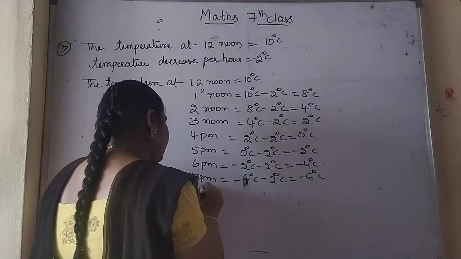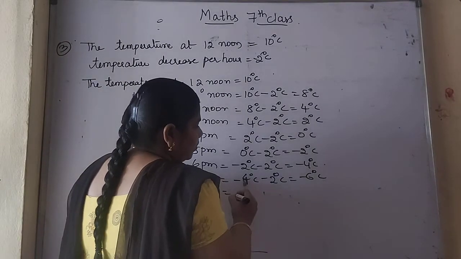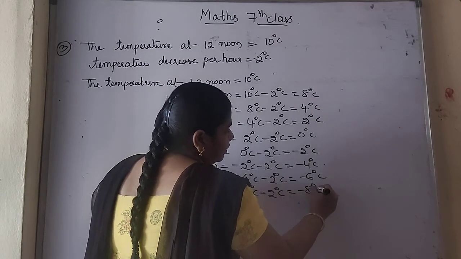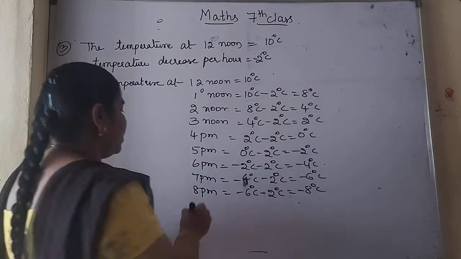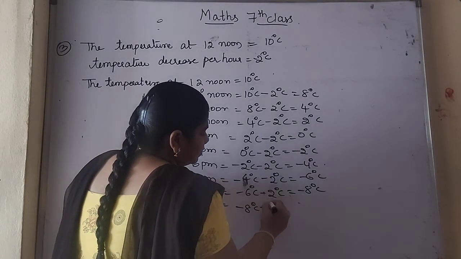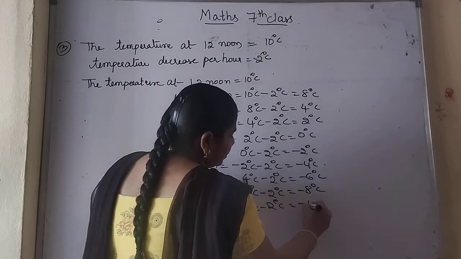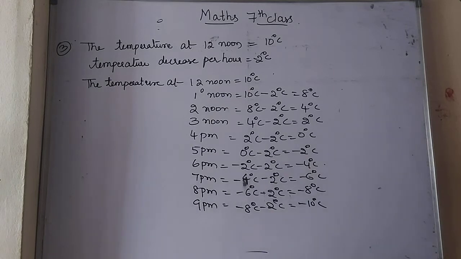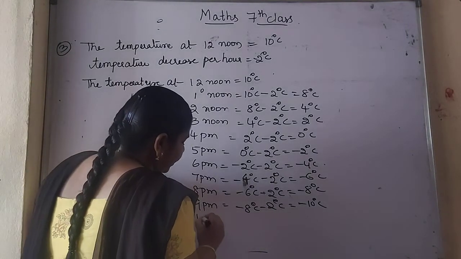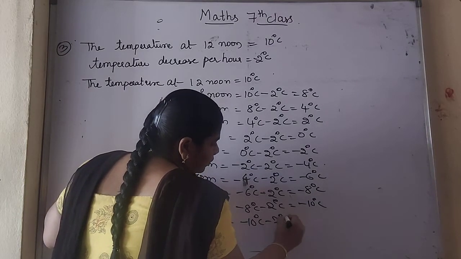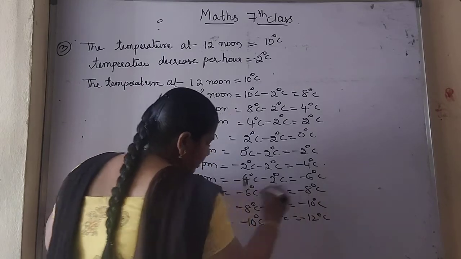At 9 p.m., minus 6 minus 2 equals minus 8 degrees Celsius. We have to find till midnight 12, that is up to 12 a.m. So at 10 p.m., minus 8 minus 2 equals minus 10 degrees Celsius.